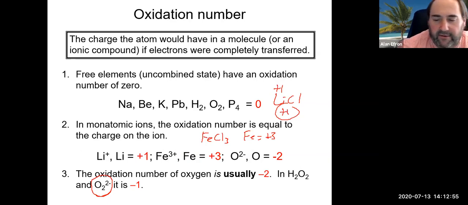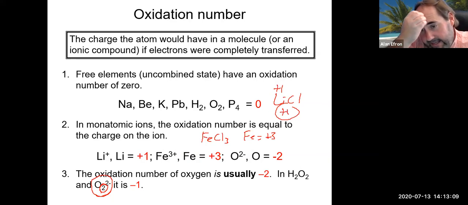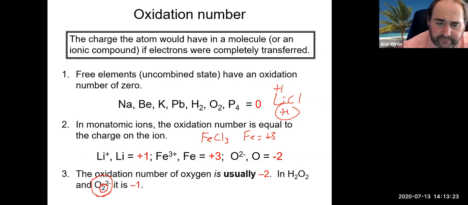How you know if it's oxygen with -2 or peroxide is that peroxide is O2 2-, so that extra 2 hangs out, or you see that 2 pop up in a couple of places in the formula. That's a good way to figure it out. So anything in a standard state has oxidation state 0, and anything that's a normal ion in an ionic compound, like you normally would name it, is the charge or the oxidation state. Oxygen is usually -2, except if it's peroxide.